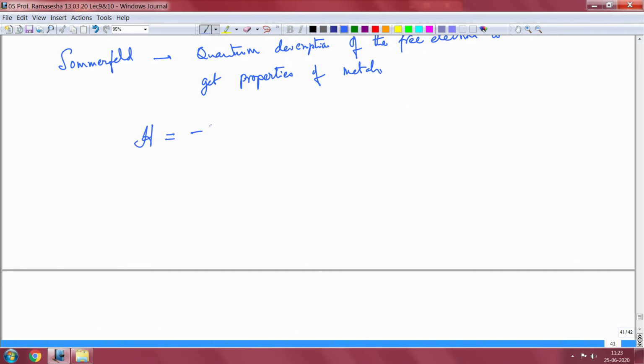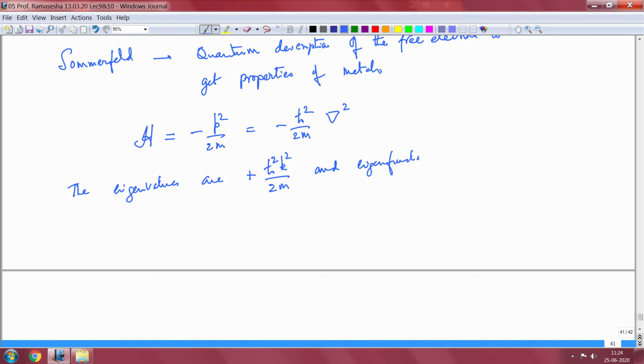The Hamiltonian for the free electrons is just p squared by 2m, equal to minus h cross squared by 2m del squared, and the eigenvalues are h cross squared k squared by 2m, and the eigenfunctions are e to the power i k dot r.